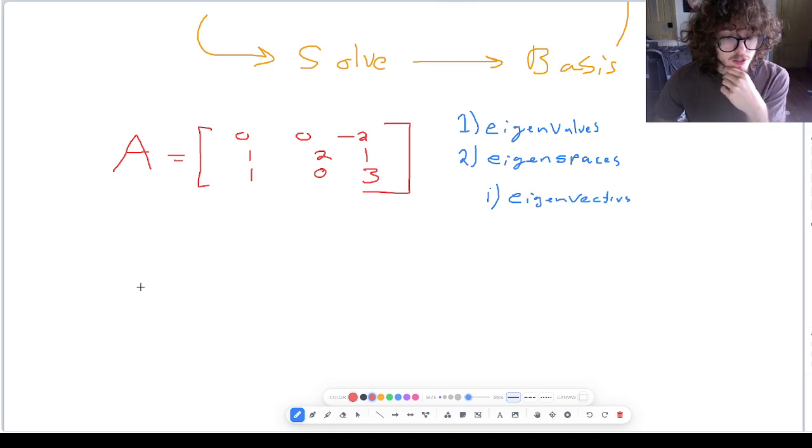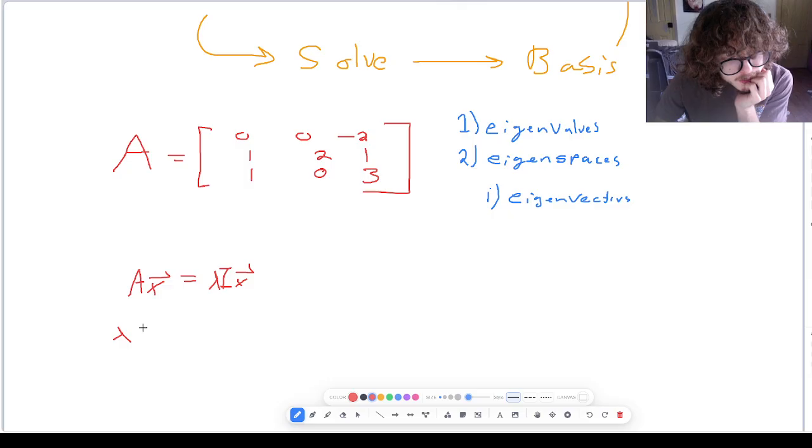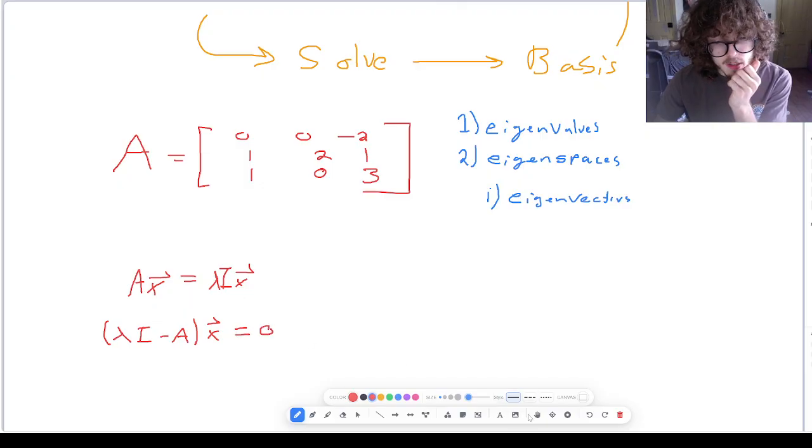All right, so we know that A times any vector x, or an eigenvector x, not any vector x, geez, is equal to lambda I times x, and then what we're going to do is take lambda I minus A times a vector, which is going to be equal to 0, right?